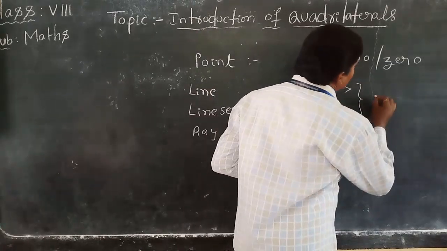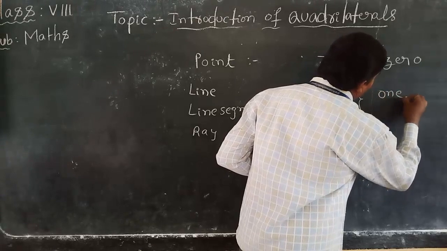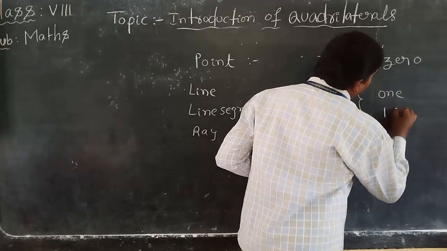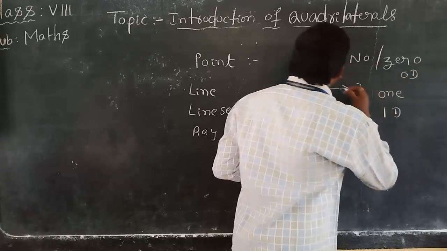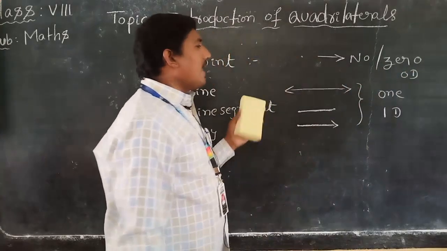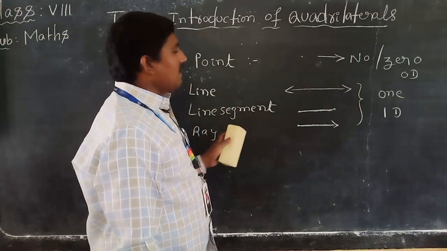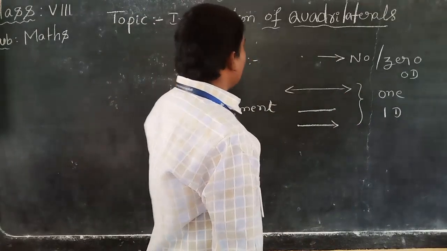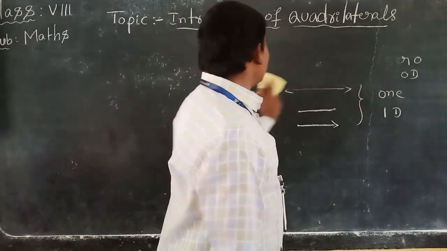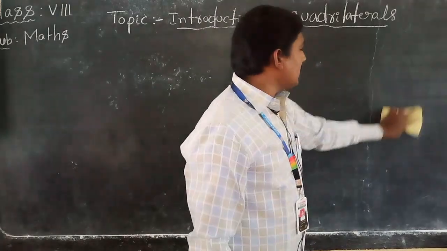So these are called one-dimensional figures, 1D. A point is a zero-dimensional figure; line segments and rays have only length, so they are one-dimensional. Next, we will discuss two-dimensional figures, 2D.